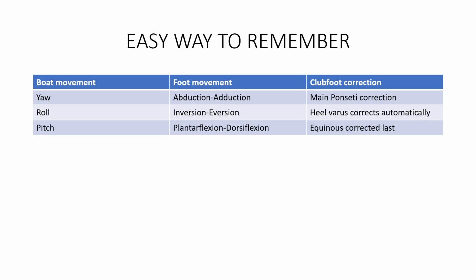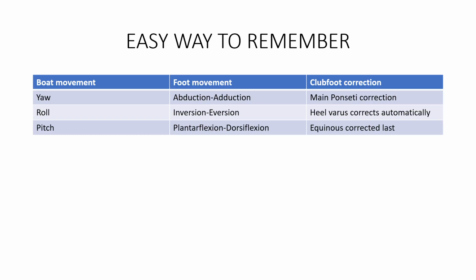An easy way to remember this concept: in both, yaw movement is similar to abduction and adduction movements of the foot. In both, roll movement is similar to inversion and eversion, and in both, pitch movement is similar to plantar flexion and dorsiflexion movements of the foot.